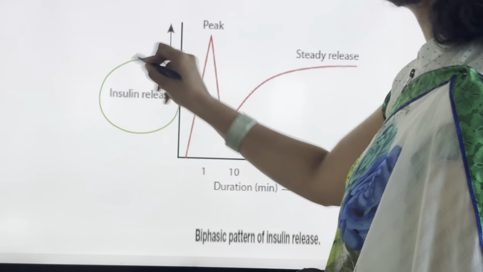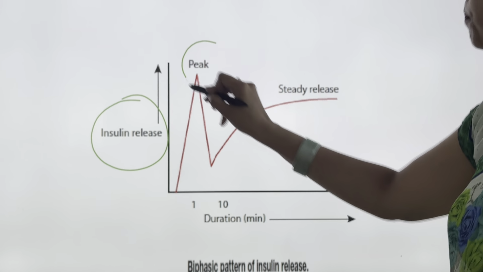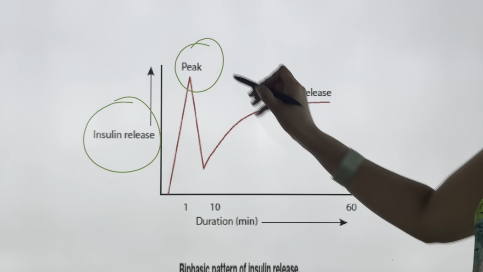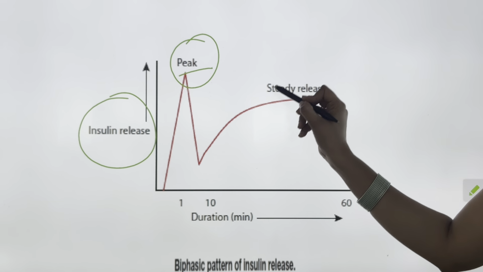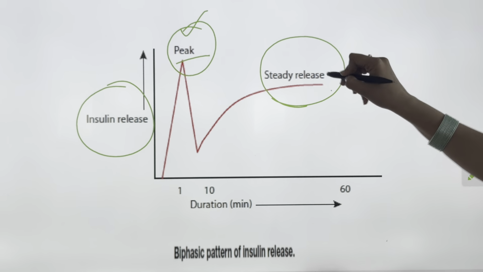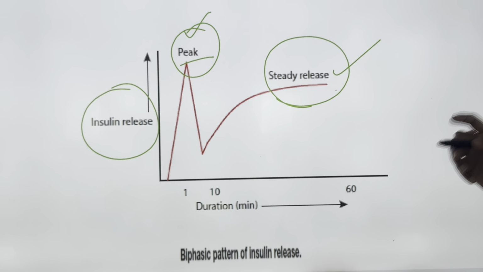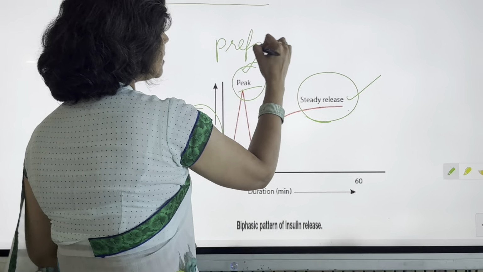So initially, after the glycemic stimulation, there is one peak of insulin release. Once this peak has been attained, within a minute, there is a steady phase. So what do you understand by the peak phase and what do you mean by the steady phase? Peak phase means there is release of preformed insulin.